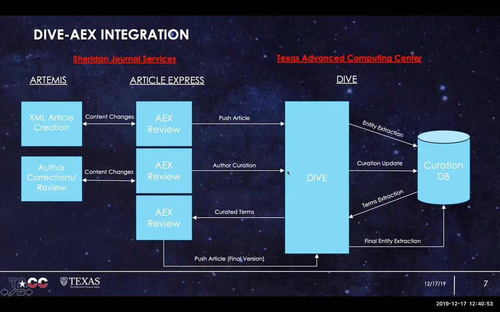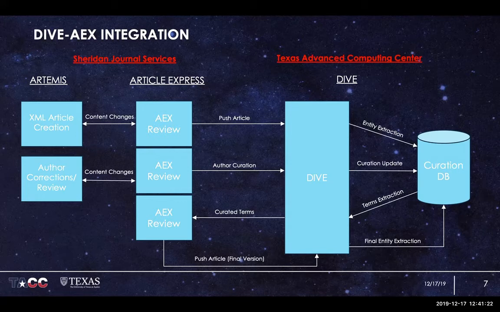Now, the author is the subject matter expert of the content of their article, and that's why this is useful: they can help curate the information that is extracted from their own articles. The information could be very technical and very difficult for someone else to curate. So at this point, if the Dive tool has extracted something that's, let's say, not an entity, they can make corrections there.